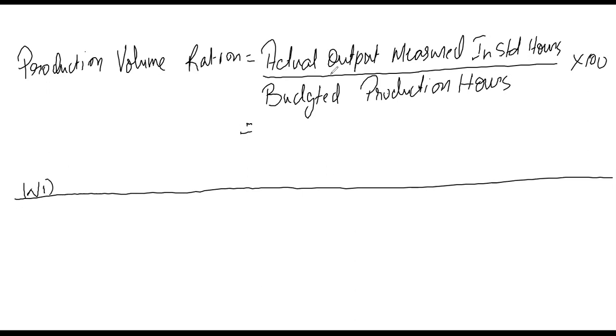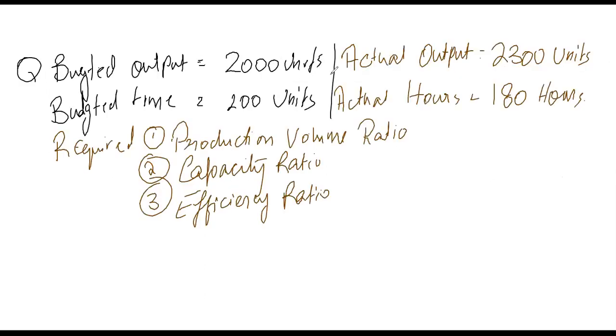So, working one. If I want the figure of actual output measured in standard hours, I first need to calculate the standard hours per unit. The question stated that it takes 200 hours to make 2000 units.